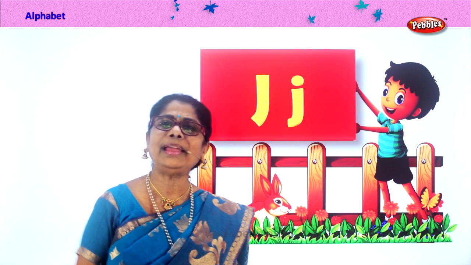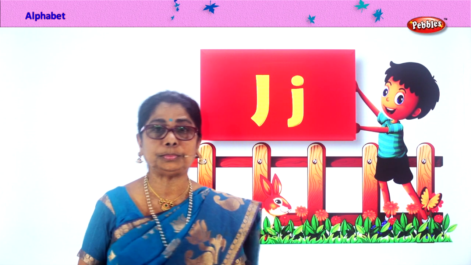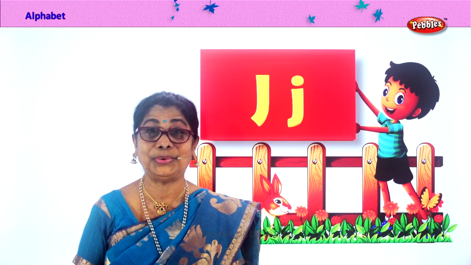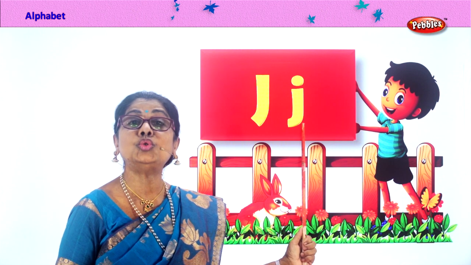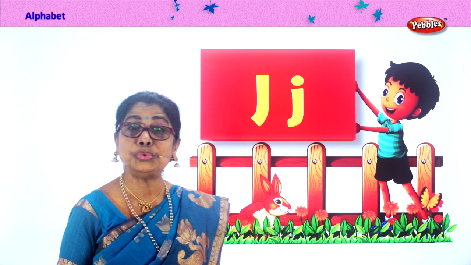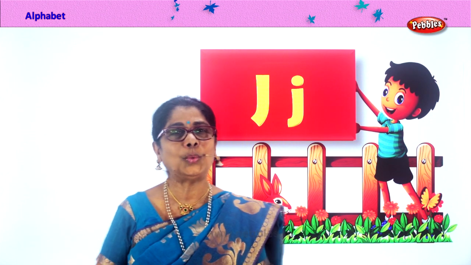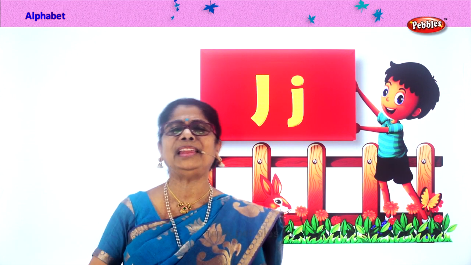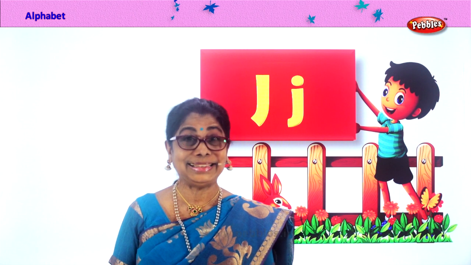Joker. All right. So what is it that you like to eat at the table? Jelly, very good. Next, juice. Joker, jelly, juice. What else does mommy make with fruits? Jam. Now supposing, let's say you love to eat jelly and jam. Yes?